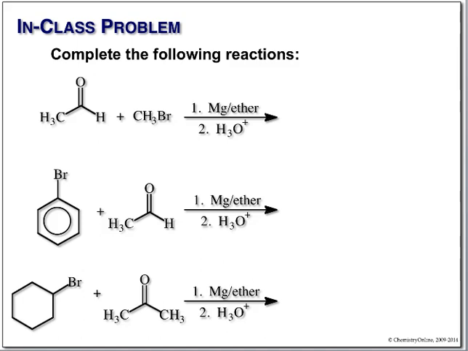The bromomethane is going to react to make methyl magnesium bromide. That's our Grignard reagent. The methyl group is going to add to the carbonyl carbon. The oxygen will be an OH group, and that is a simple product.